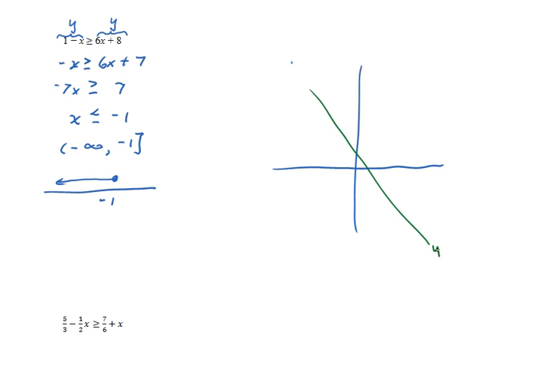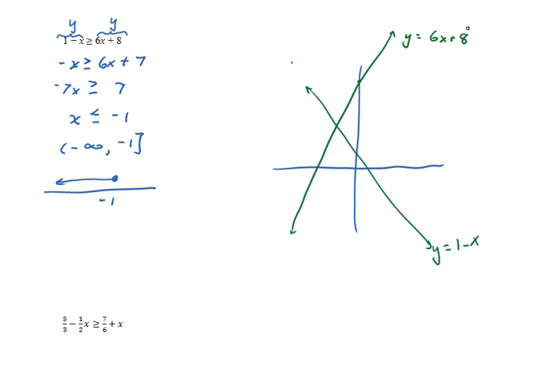So the y values here are all 1 minus the x values. On the other hand, 6x plus 8, y equals that, crosses the y-axis at 0, 8, and has a very positive slope of 6. And so this is y equals 6x plus 8.